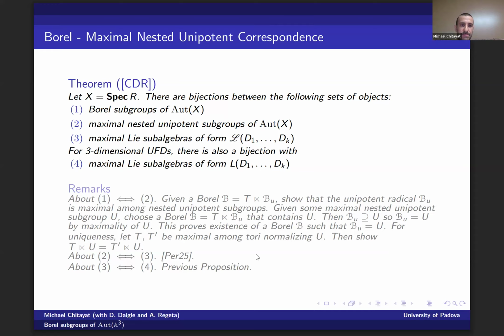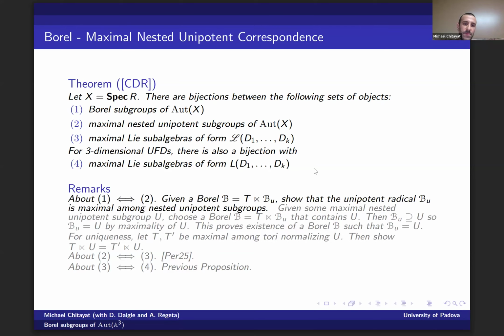And then this correspondence between the maximal nested unipotent subgroups of Aut X and maximal Lie subalgebras of the form that I mentioned before is a nice result of Perepechko. And then our previous proposition tells us that for three-dimensional UFDs, we also have a bijection with maximal Lie subalgebras of the form straight L d1 to dk.